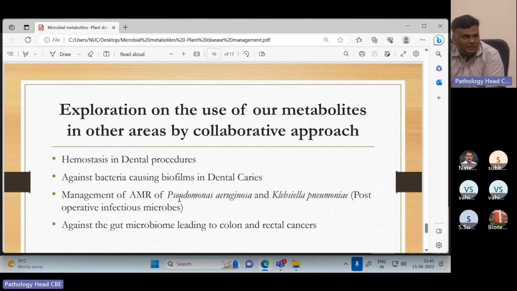Whenever something happens, they immediately get antibiotics over the counter. And not only consumption, even disposal of antibiotics: expired medicines, we just throw them in the drain. These are all important reasons for developing AMR.